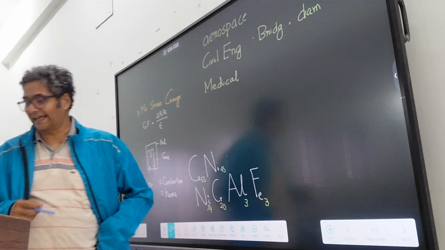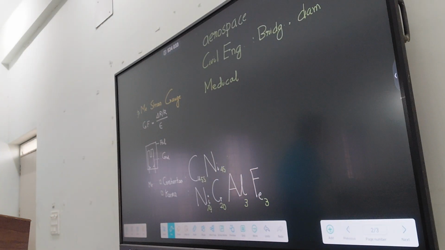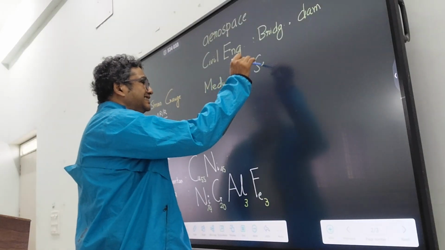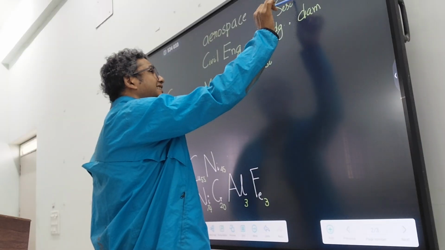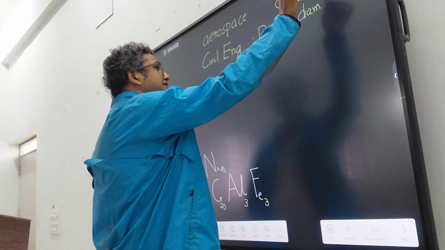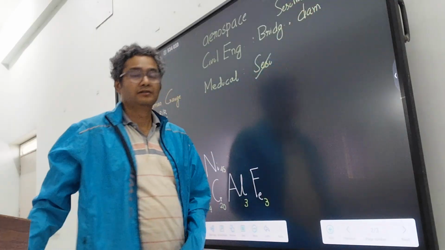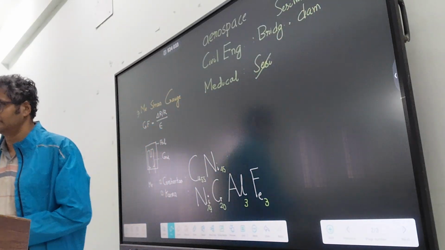Suppose there is a small crack, you cannot see from the naked eye, but from the strain, you can find out that it is going on. Seismic attacks, the earthquake attacks. Sorry. Seismic attacks, earthquake. So basically, it's about early detection of any flaw in both these cases.